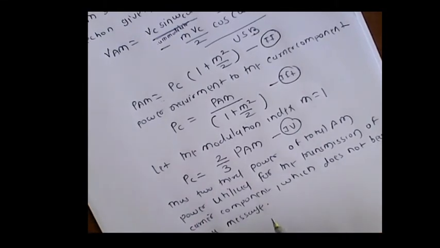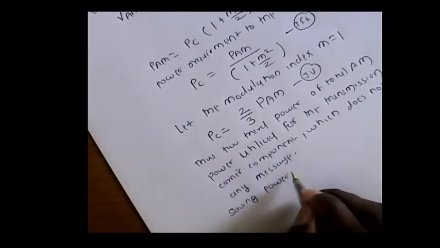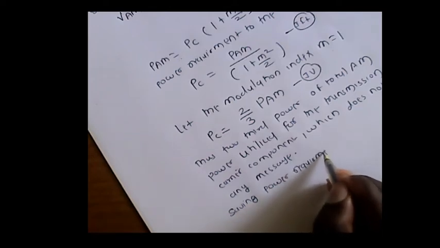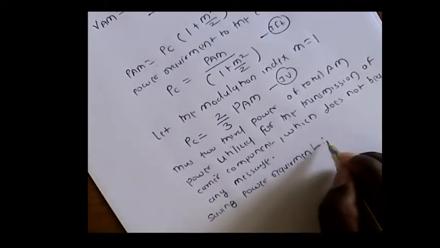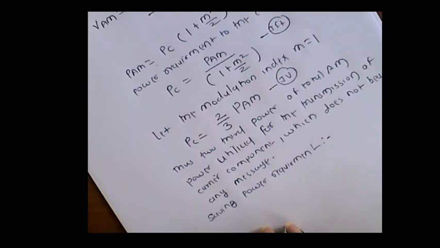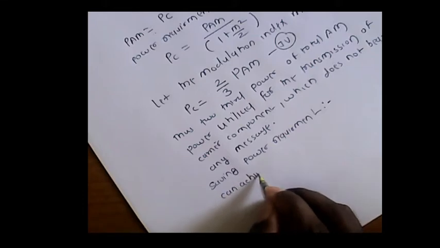So when we discuss saving the power requirement in terms of double sideband full carrier wave, the power saving can be achieved by suppressing the carrier.